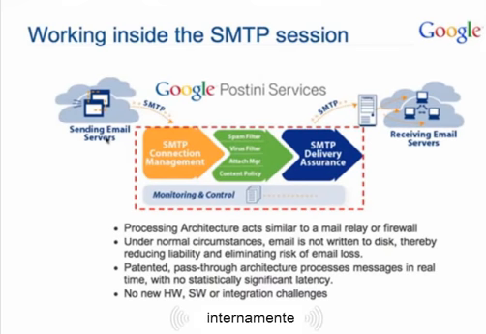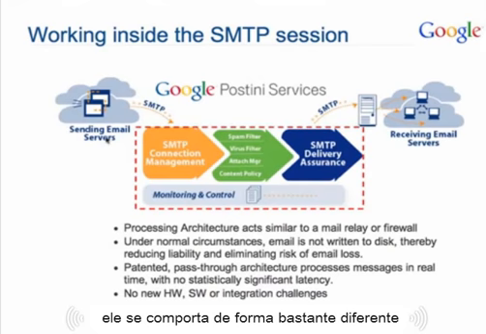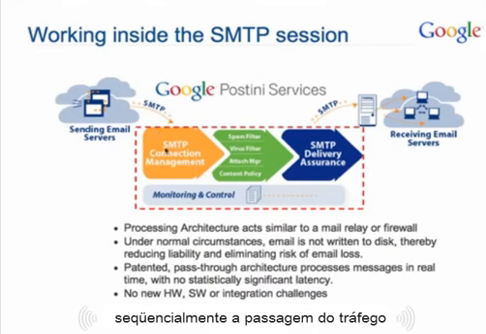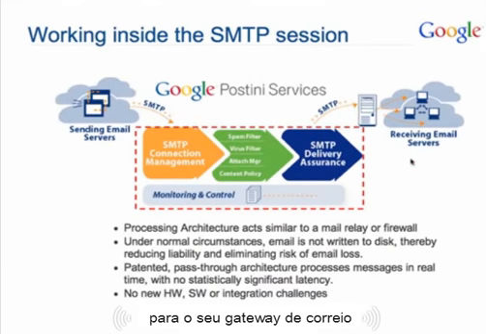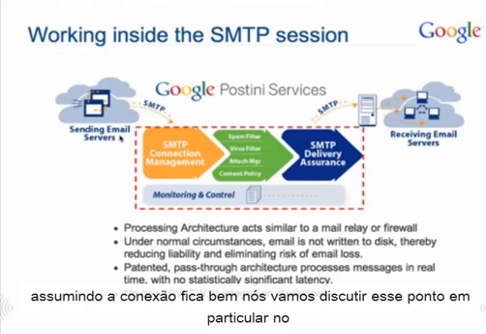However, internally, it behaves quite differently. So, rather than sequentially passing traffic from one service to another and then eventually making its way out the other end over to your mail gateway, the Postini proxy accepts the initial connection requests, assuming the connection looks good, and we'll discuss that particular point in the next slide.